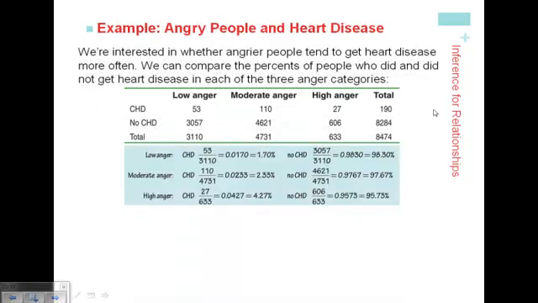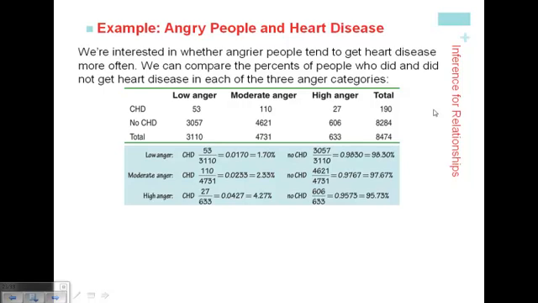Okay, so what they do is they calculated, amongst the low anger, the incidence of heart disease was 1.7% versus no heart disease was 98%. Amongst the moderate anger, the heart disease went up to 2.3, and amongst the high anger, the heart disease rate went up to 4.3.